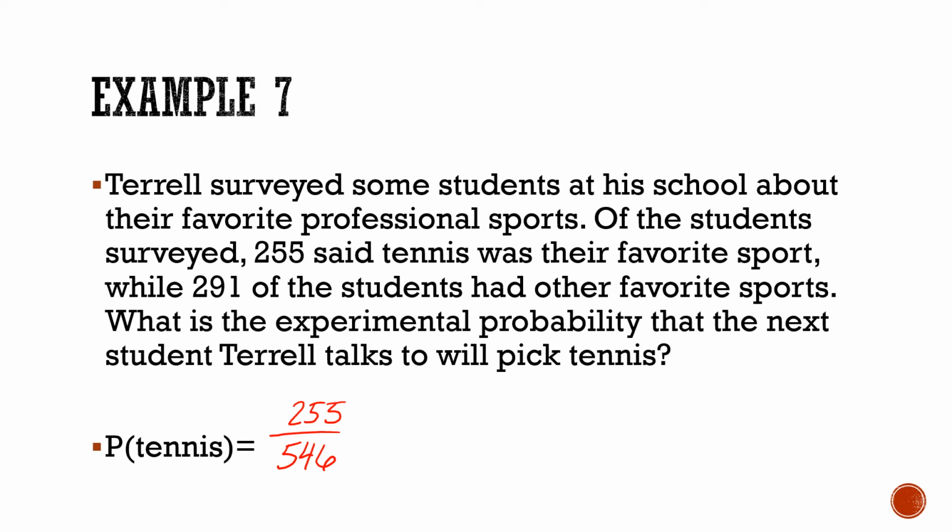So we could divide both numbers by 3. 255 divided by 3 would be 85. And 546 divided by 3 would be 182. Okay, you need to check and see if you can simplify again. And that is in simplest form.